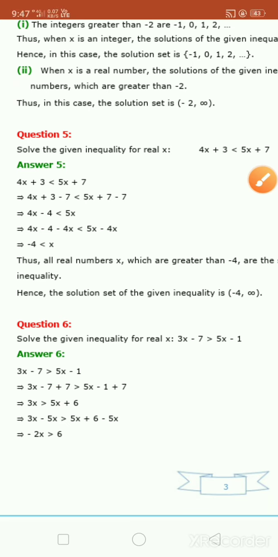Then what you need to find here is, you got minus 2x here. What you need to do is remove the 2. So you will do the division.